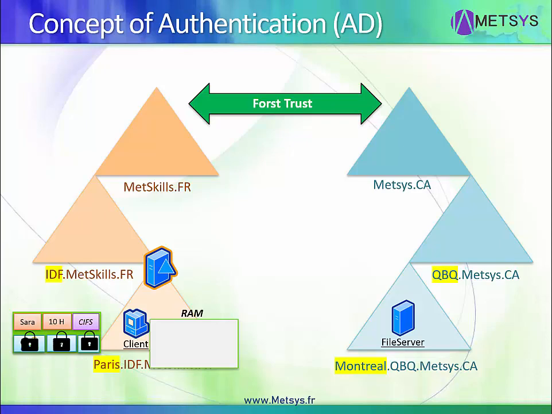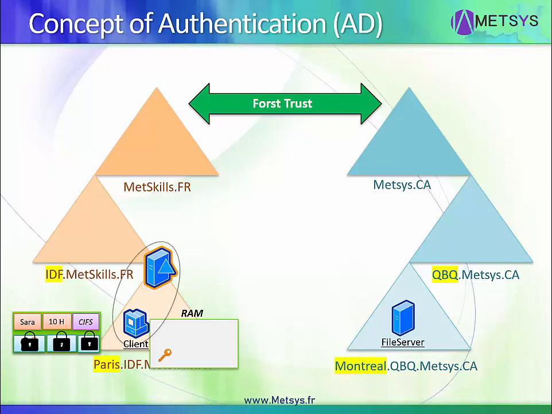This packet is called Kerberos Ticket Granting Service Request. Actually, we are requesting access to a service. You must have forgotten that besides the TGT in RAM, there's also another key. I'm talking about this one.